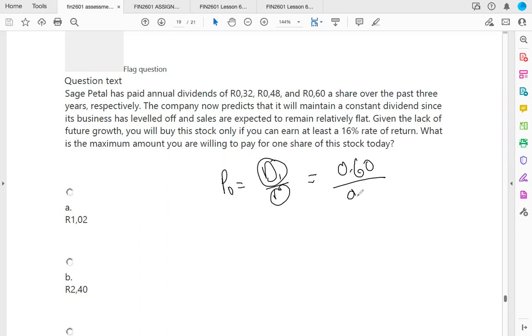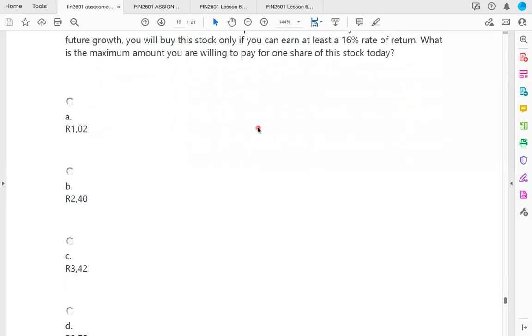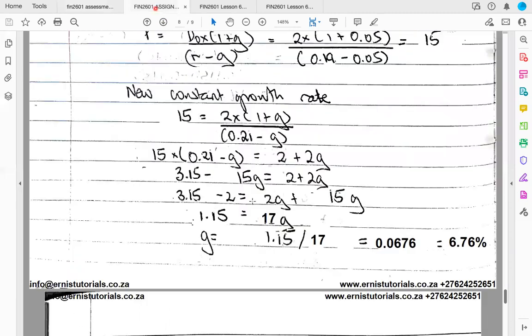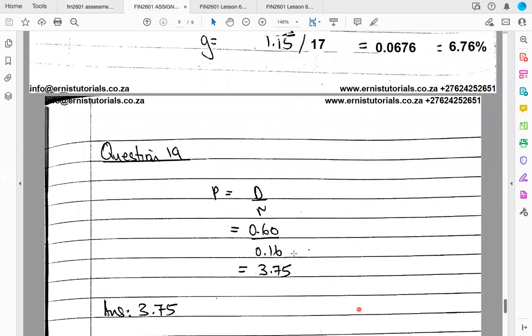It's not going to change. Divided by our required return, that gives us 3.75, which is the last option there. So it's a different type of question, but if you read it carefully, you can follow it, understand what's being said, and get your answer.